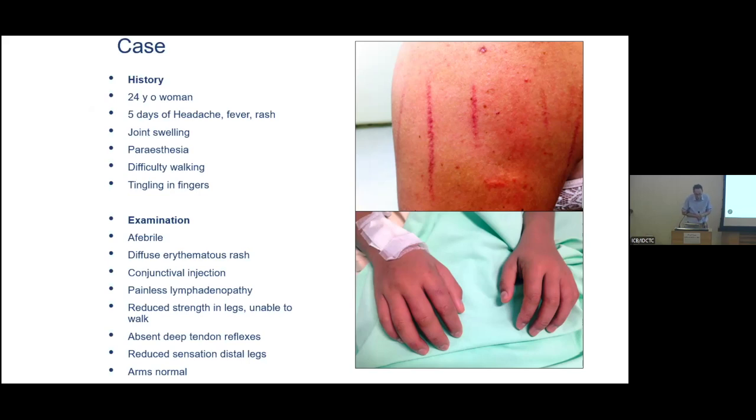And on examination, although she'd had fever, by the time she came to see us, the fever was settling. She had this itchy rash, conjunctival injection, painless swelling of the lymph nodes, and her legs and her arms were a bit weak. And when we looked at the reflexes, they were reduced. In fact, they were absent. And she had some strange sensation in her legs and in her fingers.